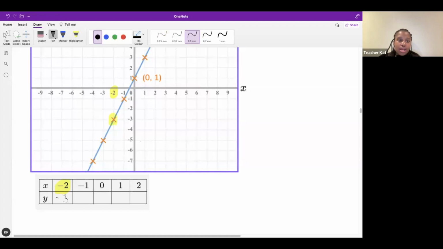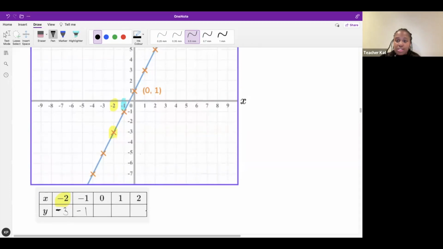Next one, -1. We said the top row is my input. So we're looking for it on our X axis, which means it's this one here. What is my Y value? -1. Okay. For 0, they were very nice because they put it in brackets for us. For an input of 0, my output would be 1.